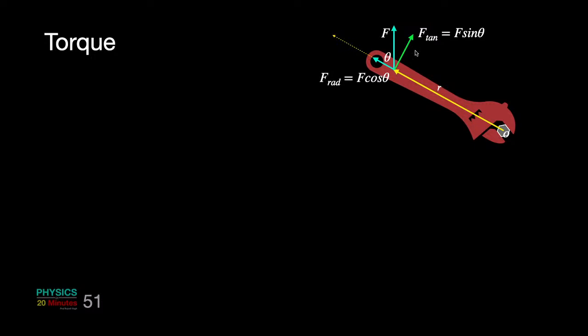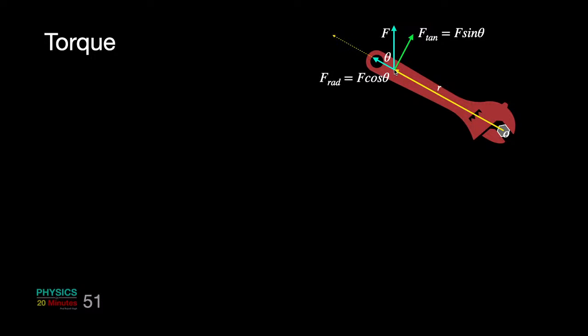Now the radial component will not introduce any rotation effect. You can see why. The radial component will try to pull this entire wrench in this direction, and it will not introduce any rotation effort. But the tangential component will introduce the rotation effort.